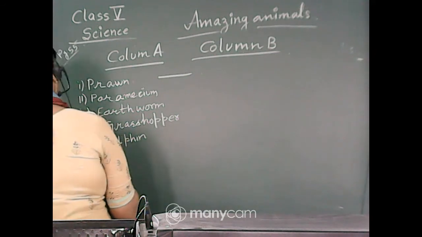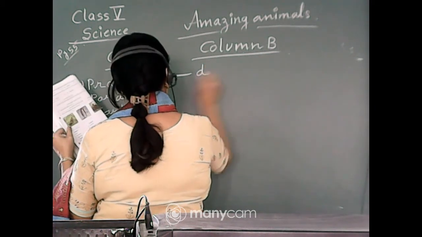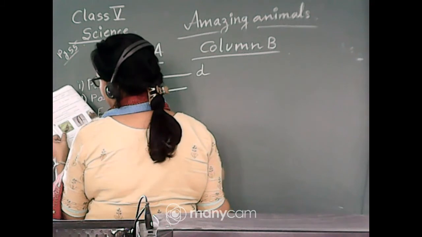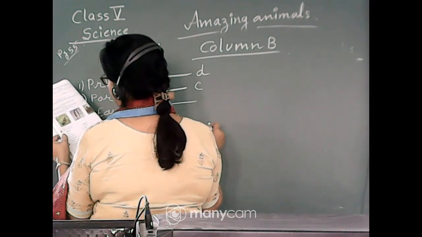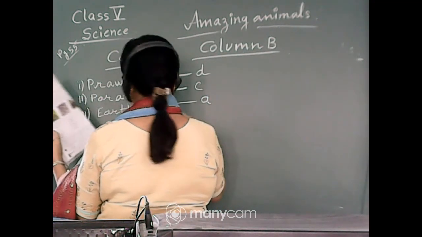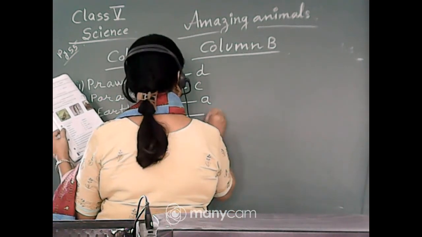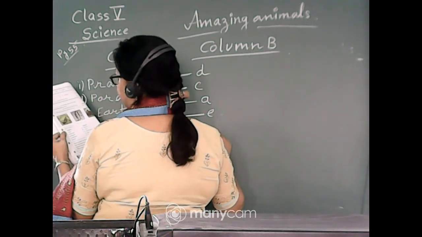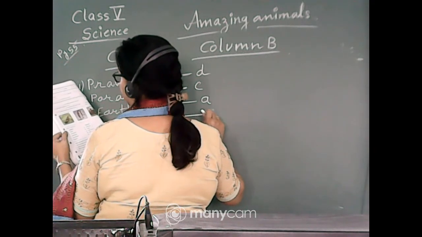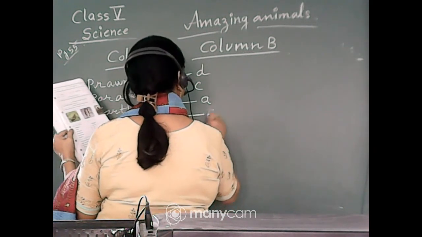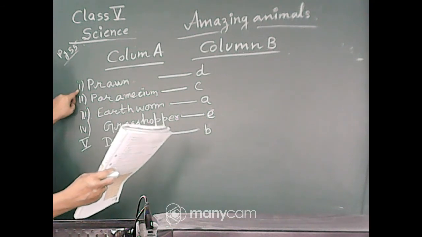So prawn will match with D, and paramecium will match with C. Earthworm will match with A. Fourth, grasshopper will match with E. Last one, dolphin, will match with B. Prawn respires through gills.